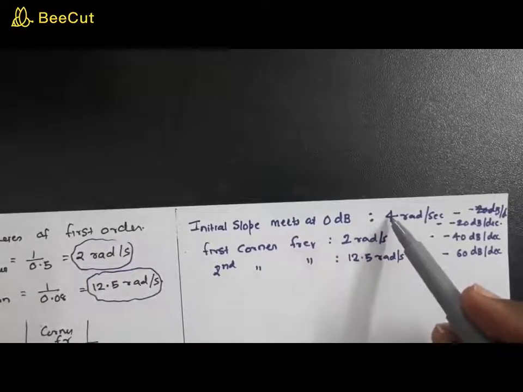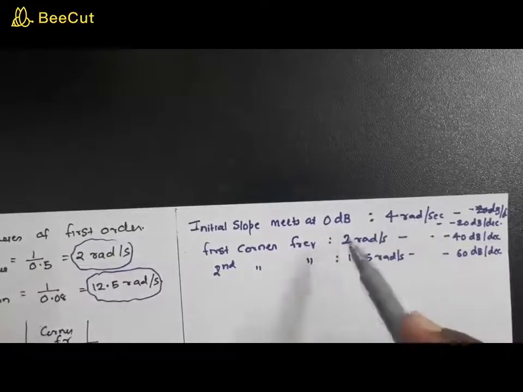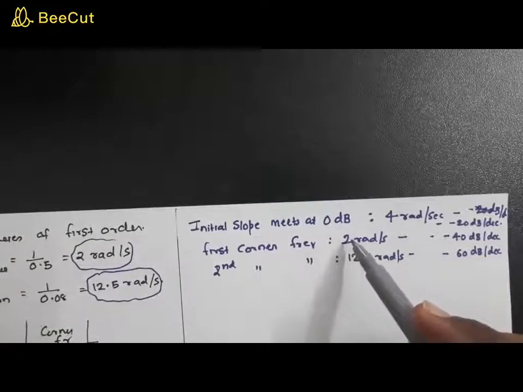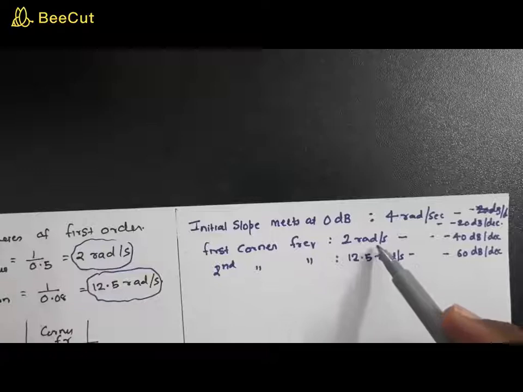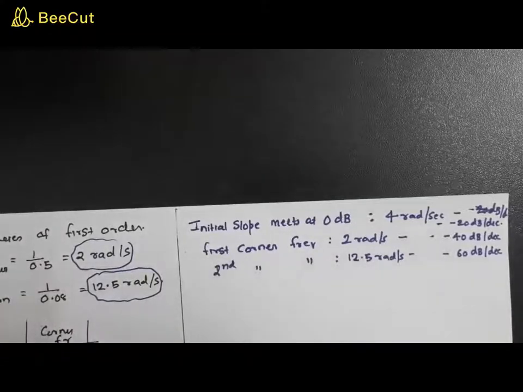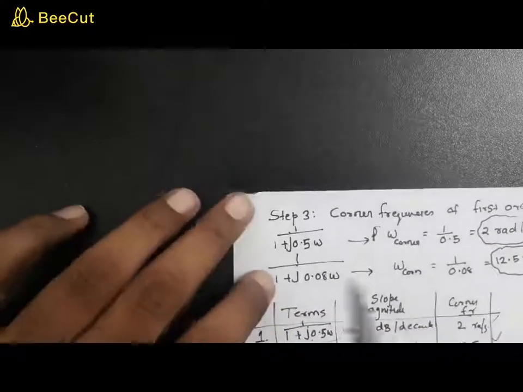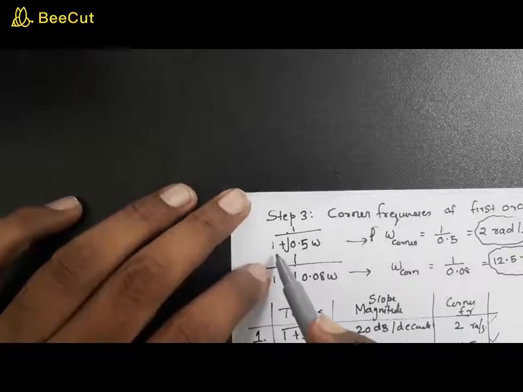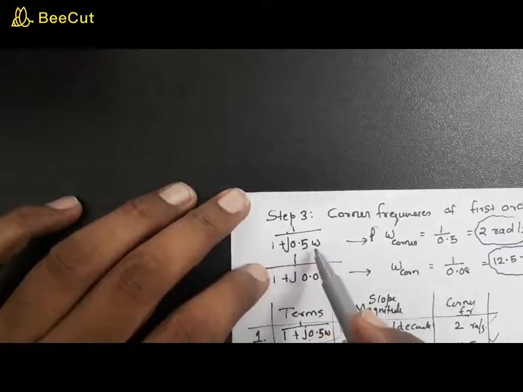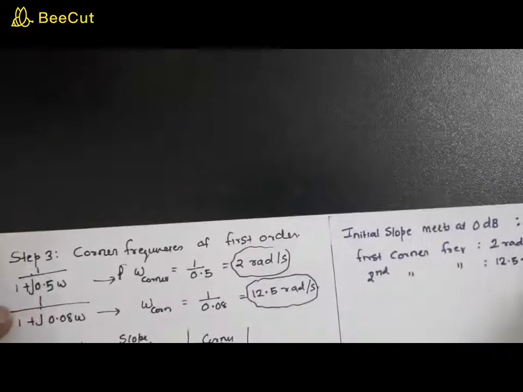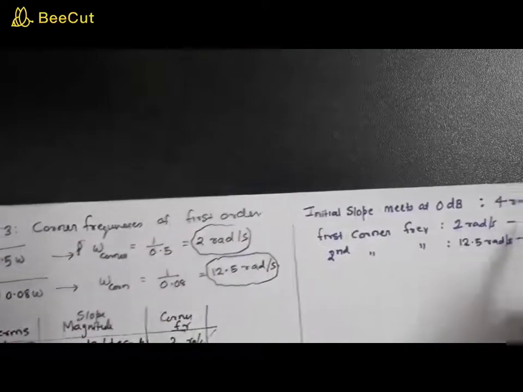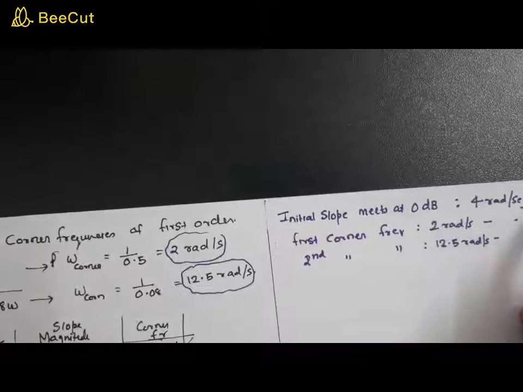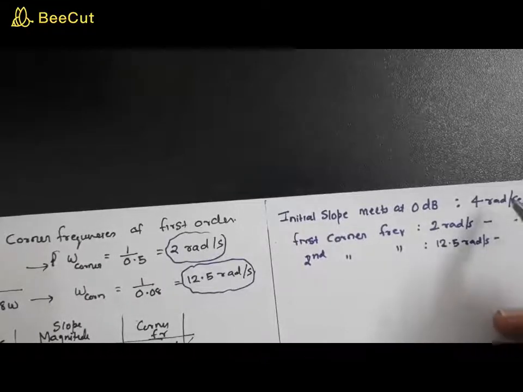Anyway, this meets 0 dB. Before it meets 0 dB, there is a first corner frequency, 2 radians per second, due to the first order term 1 by 1 plus j 0.5 omega. After this, its impact adds another minus 20 dB per decade to the already declining slope.